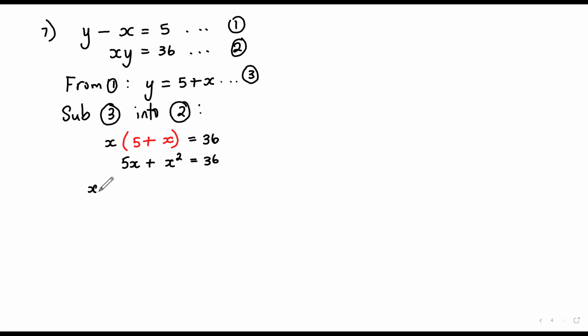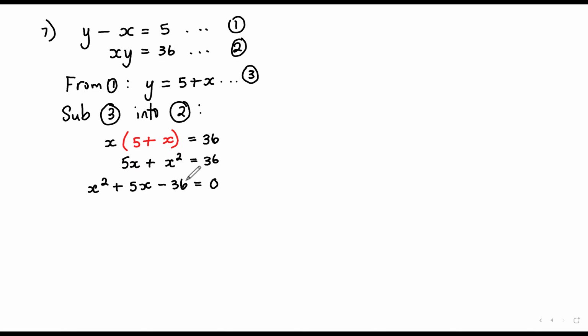So you'll have x squared plus 5x minus 36, because on this side it's plus 36. So when you transpose it to the left side, it will become minus 36 is equal to 0. All right. Now the two factors, because the coefficient of x squared is 1, I'm only going to be looking at minus 36.